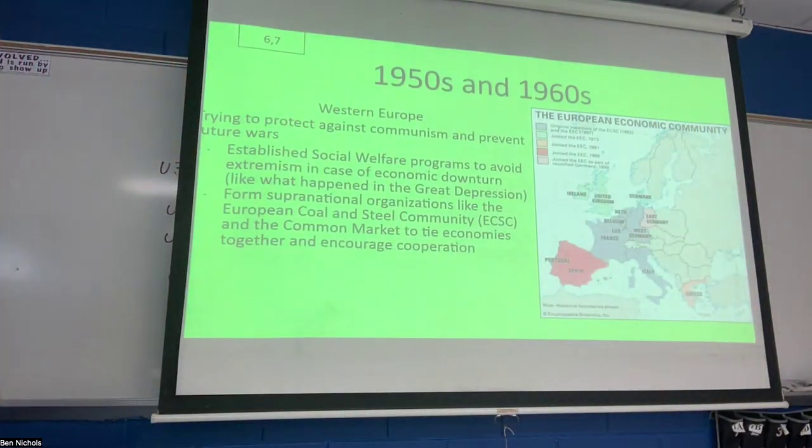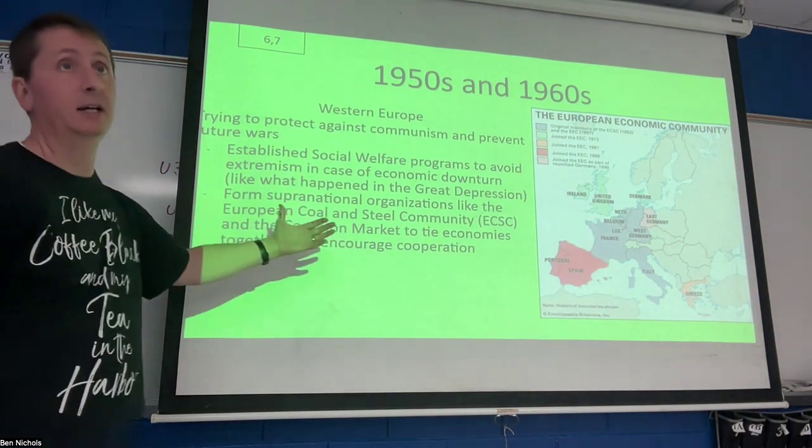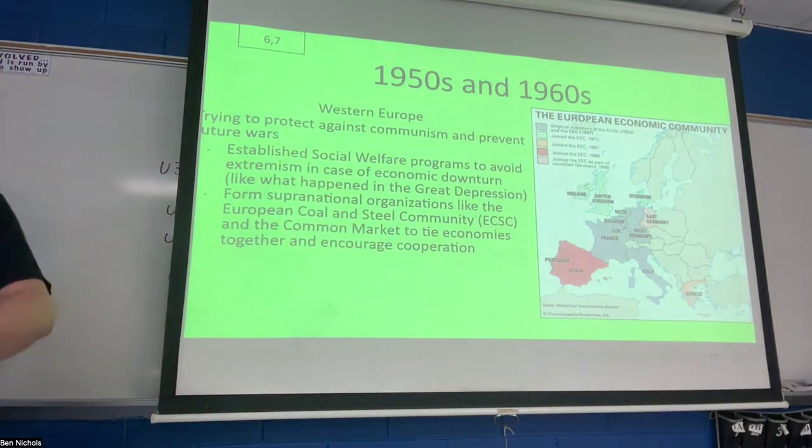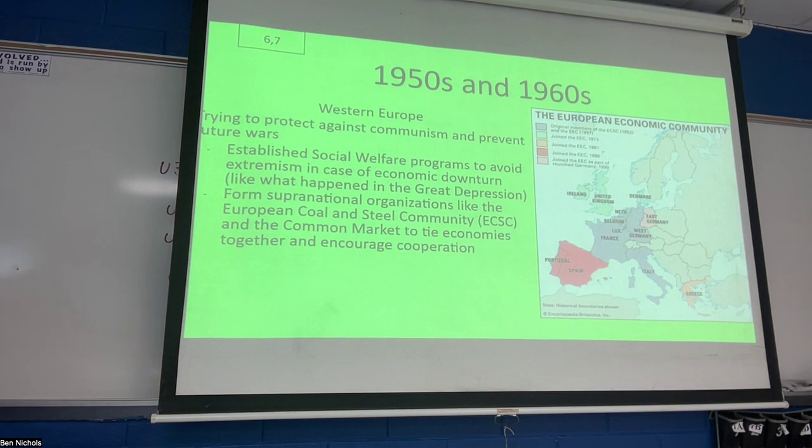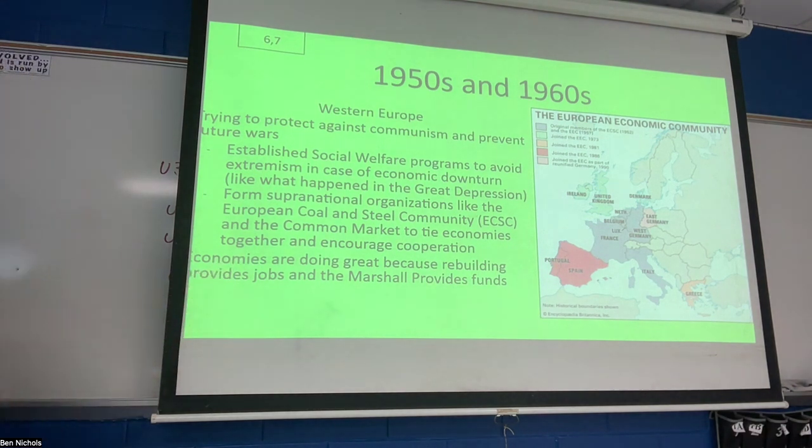The economic goal is prosperity. If we're working together, we can all get richer together. And so that should be 6 and 7, not in that order. And again, the Marshall Plan is providing the money and the funding to make these things happen.